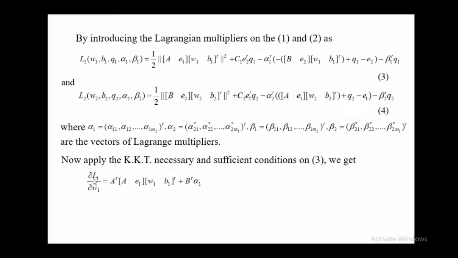When we take the derivative, the 2 will be cancelled out, and you can write A W1 plus E1 B1 transpose as it is, the augmented matrix. And again when you do this with respect to W1, the A W1 term gives you A transpose.